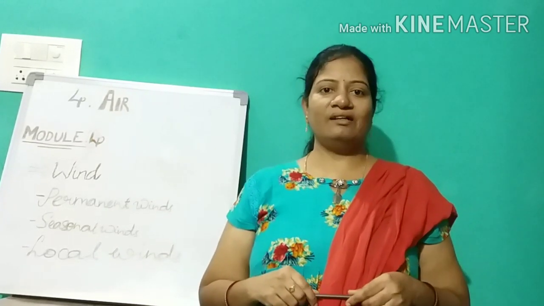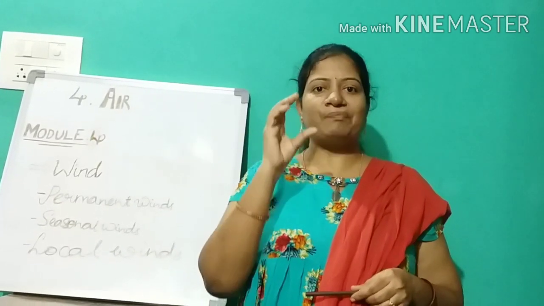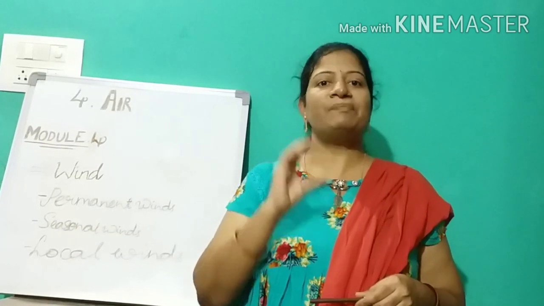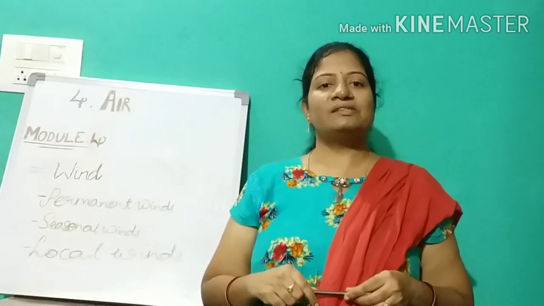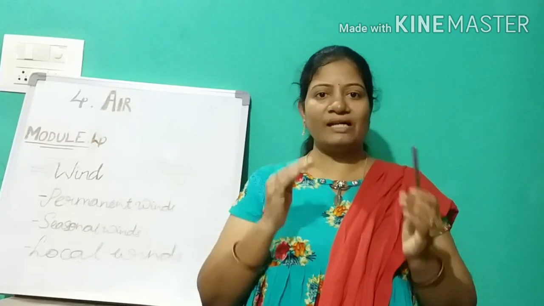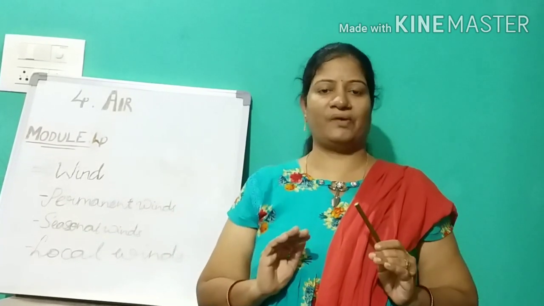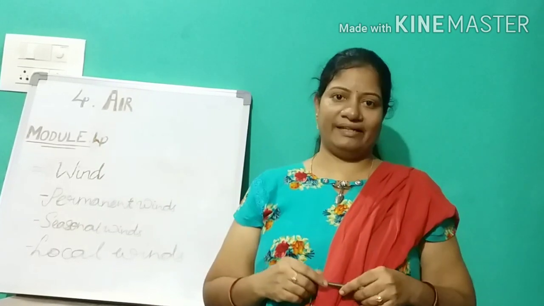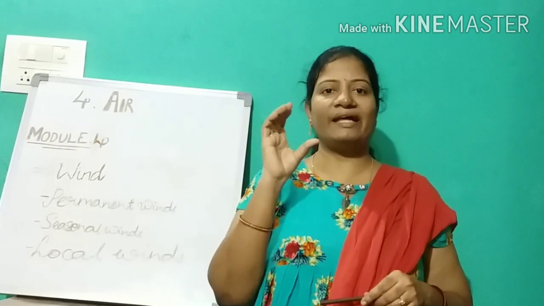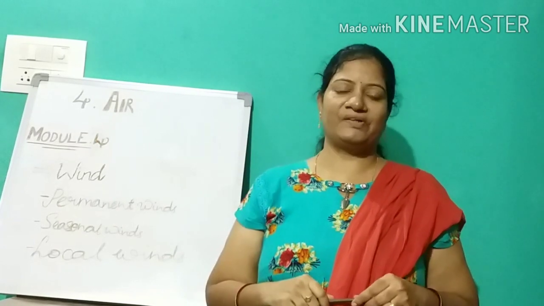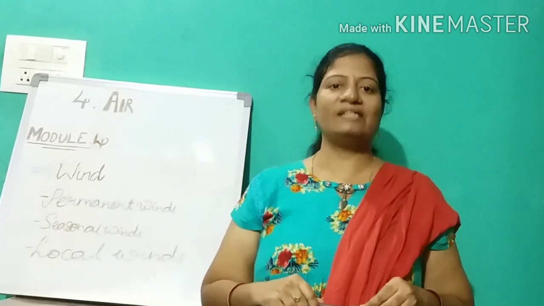Local winds are the winds which affect a particular area in a particular period. These local winds will affect the weather conditions of that particular area only. This will not affect the entire area, only small areas will be considered. That kind of wind is called local winds.